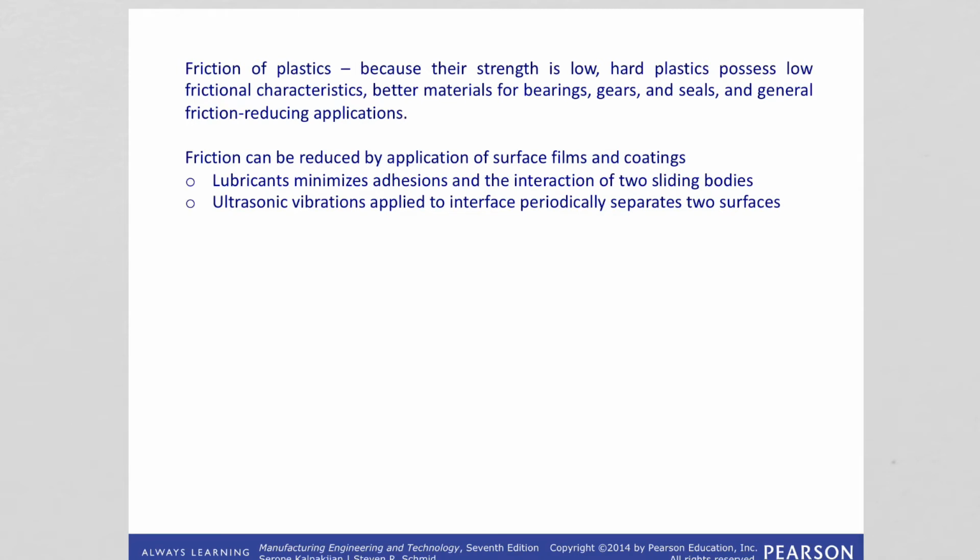There is also a mechanical way to reduce friction, which is using ultrasonic vibrations. The amplitude of the vibration can periodically separate the two surfaces, allowing the lubricants to flow freely into the interface.